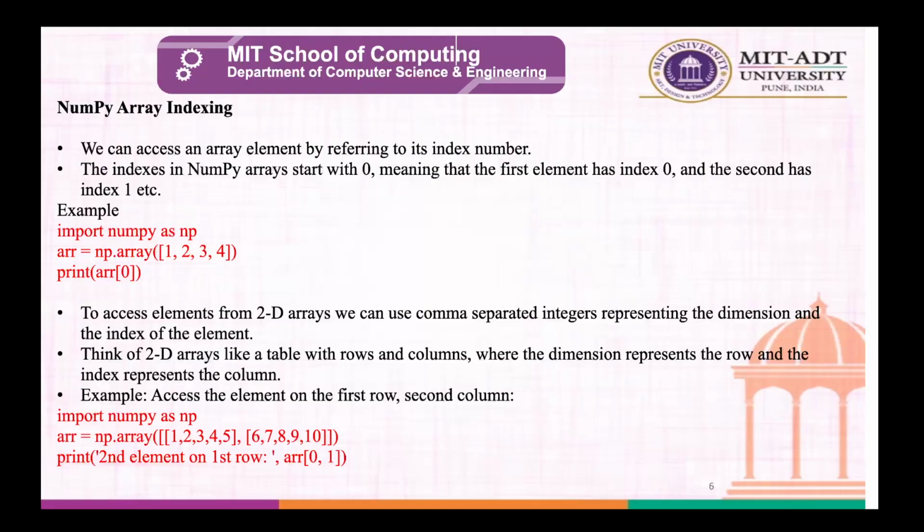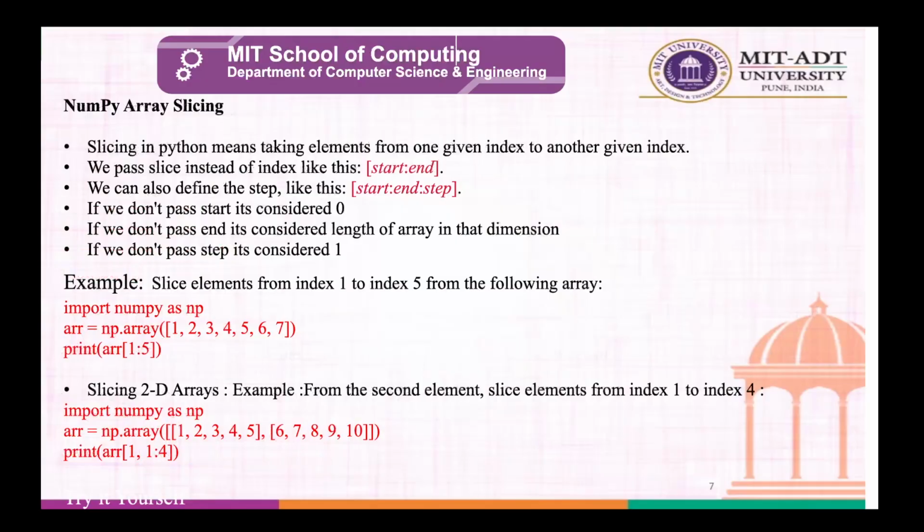To represent the first row, the index is 0. To represent the second element, the index is 1. So we can write arr[0,1]. It will directly access the second element from the first row, which is 2. In this way we can use indexing for accessing an individual element from the array.